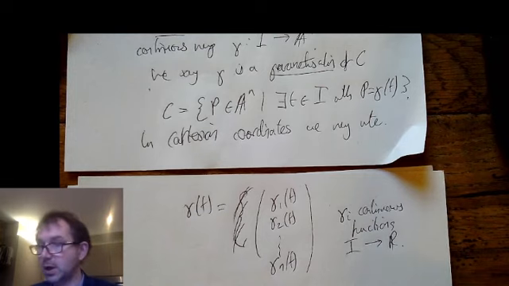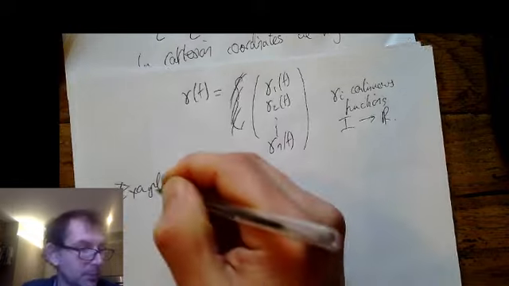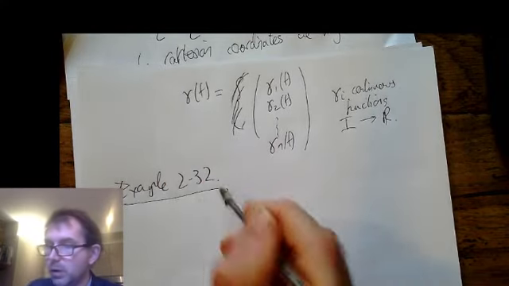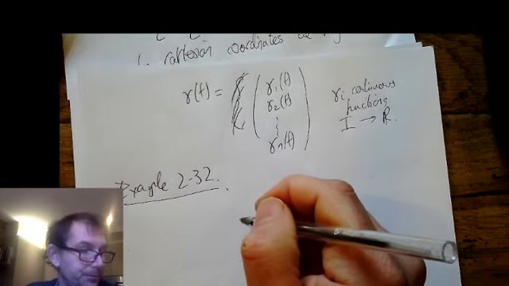Okay, let's have an example. So this is example 2.32. Obviously the previous definition was 2.31 in your notes.